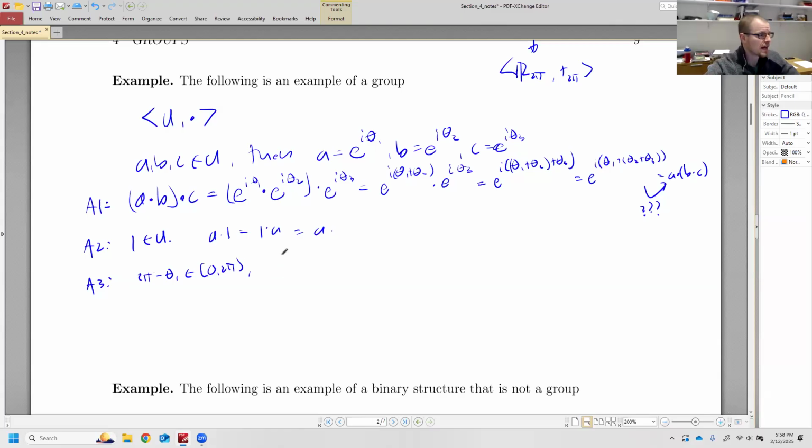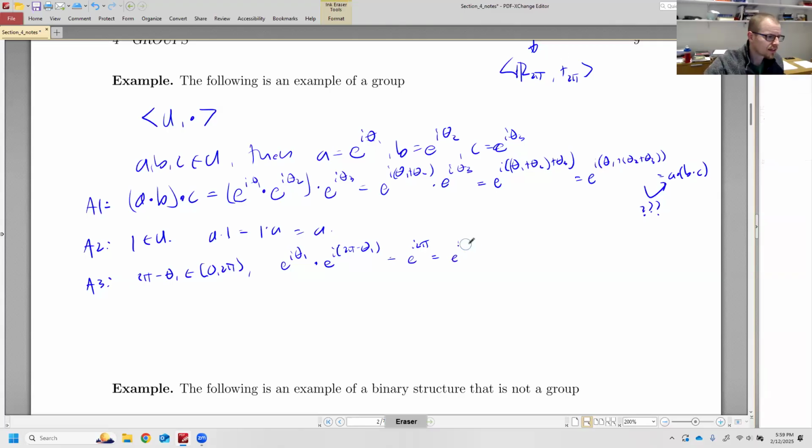And the reason that I would want to do that is because then I can take e to the i theta 1 times e to the i (2 pi minus theta 1), which is equal to e to the i times 2 pi, which of course, working in here, is e to the i 0, not theta, e to the i 0, which is just e to the 0.